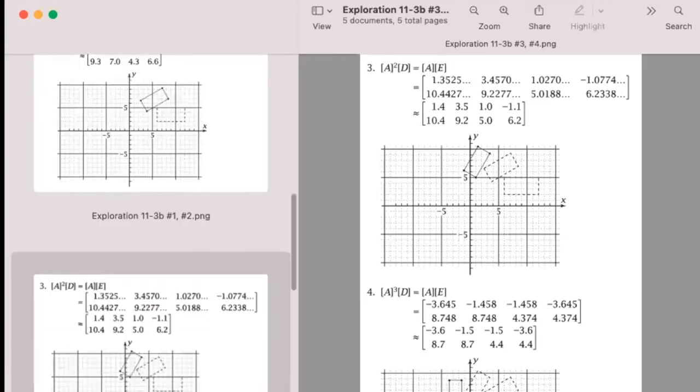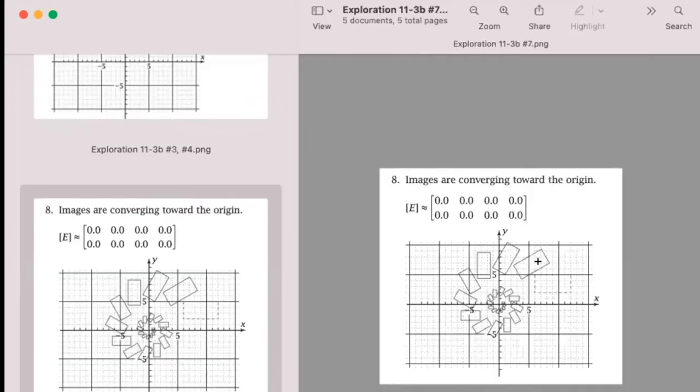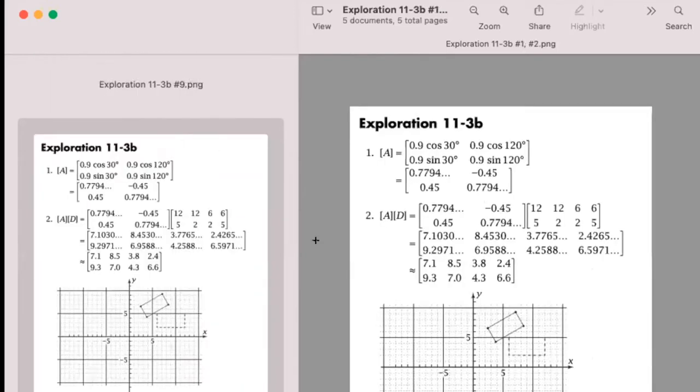So ultimately what happens, if you put this in, for those of you who have your calculators out, take the original matrix, this one right here, this is your rectangle, and take A, and instead of multiplying this by A and then by A again and then by A again, multiply it by A raised to the 50th power, and see what you get.